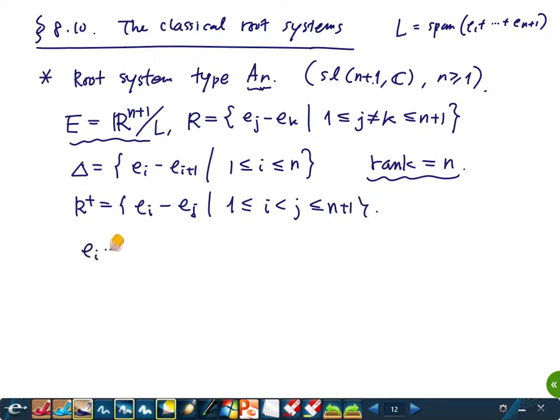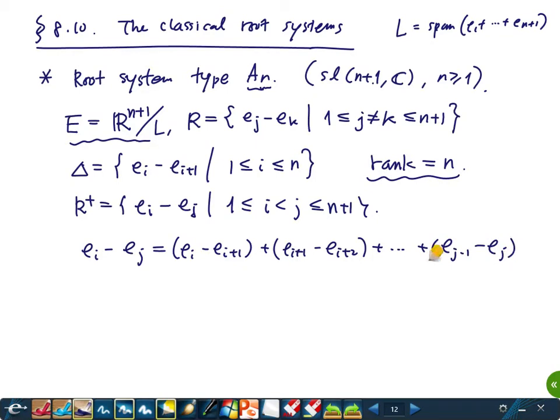Because in this case, Ei minus Ej can be written as a positive sum: Ei minus Ei plus 1, plus Ei plus 1 minus Ei plus 2, plus dot dot dot, plus Ej minus 1 minus Ej. Each of them is a positive simple root, so it's positive.